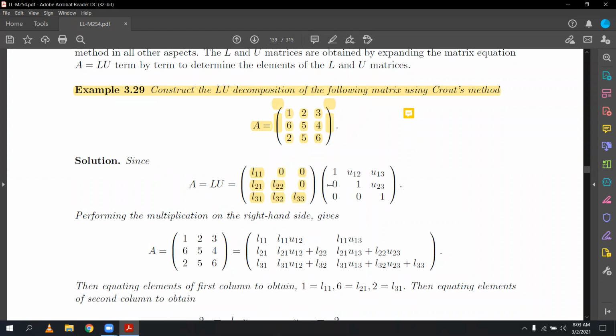And in the case of upper, your upper should be unit upper. Unit upper means all the diagonal elements in the upper should be 1 from the start. It means 3 elements we have to find out, U12, U13, and U23, and 6 elements for L.